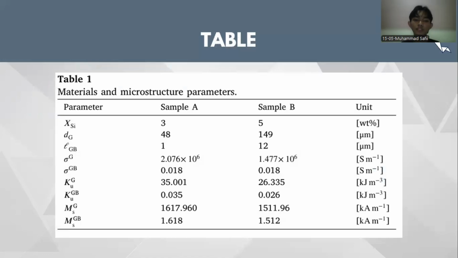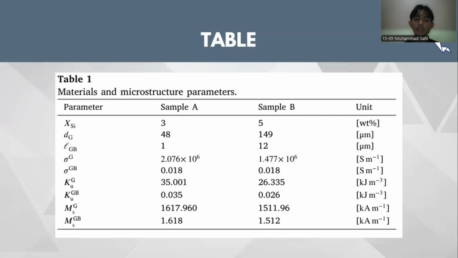This table shows the material and microstructural parameters of sample A and sample B. In the first column, various parameters related to material composition and magnetic properties are listed. The values for sample A and sample B are presented in the next column.